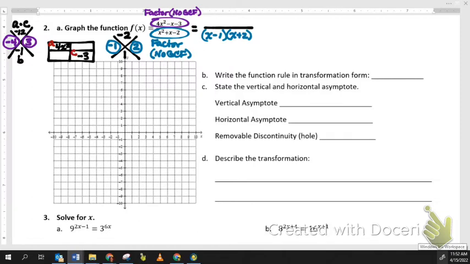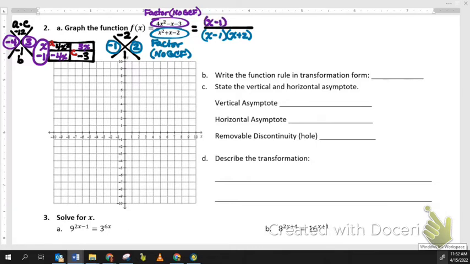I'm going to take those two numbers that we just found, -4x and +3x, and put them in. What can I take out of 4x squared and 3x? X. What can I take out of -4x and -3? -1. So there's one of my factors, x minus 1.